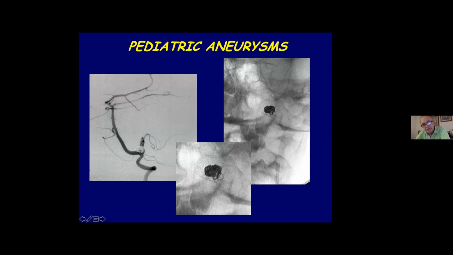The stent is here, and the stent is here. You have the cell, the stent, the coil, unpacking a totally occluded aneurysm.